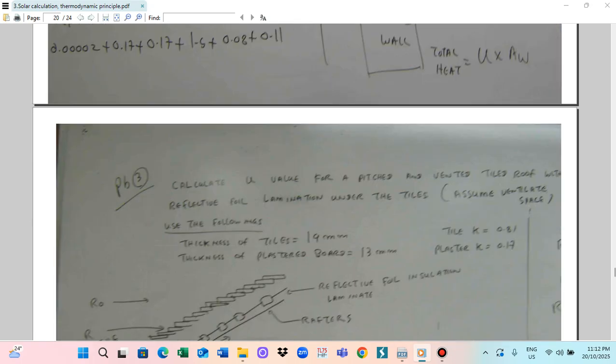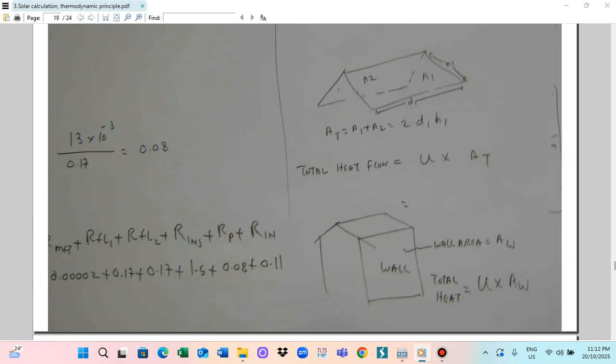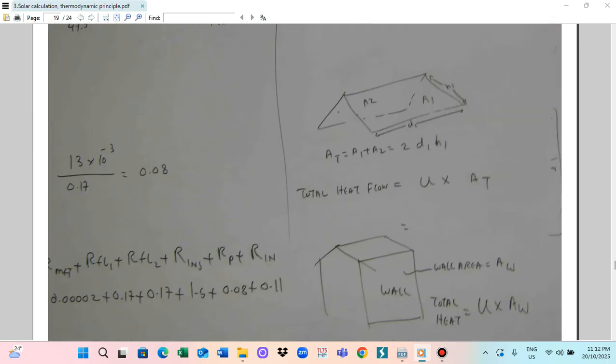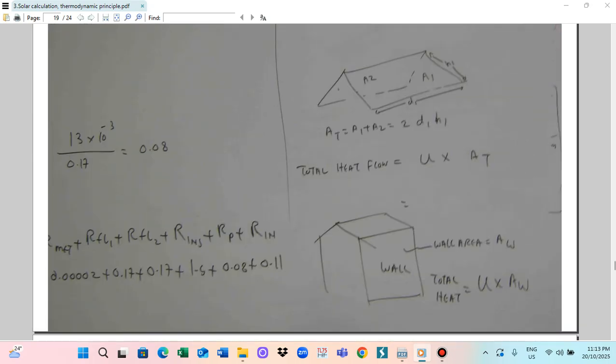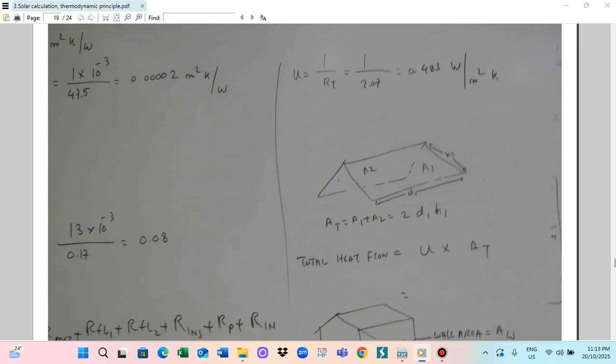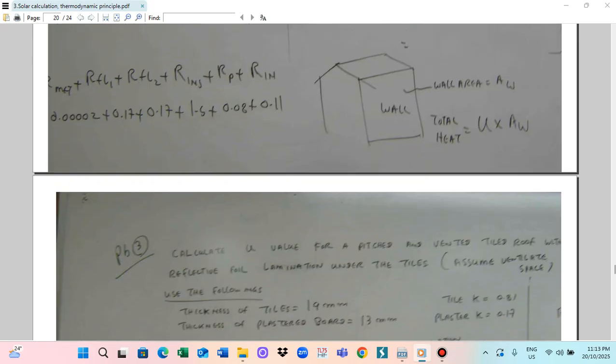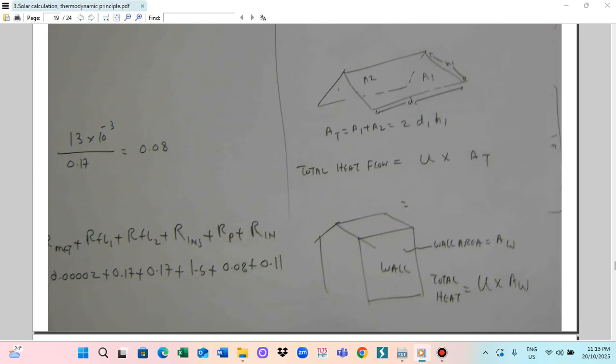And then when you know the total heat, you will be able to design an air conditioner. So how many kilowatts of air conditioner are required, then you can calculate. So in this way, it's important to determine the total heat, because we need to size the air conditioner. So the air conditioner size and this one must be equal, so that you can design the air conditioner. This is why in air conditioning system design we use the heat flow.